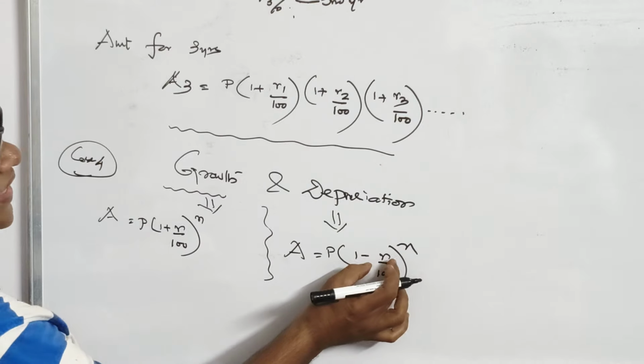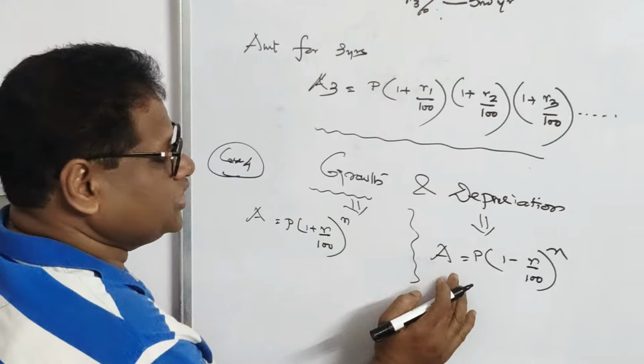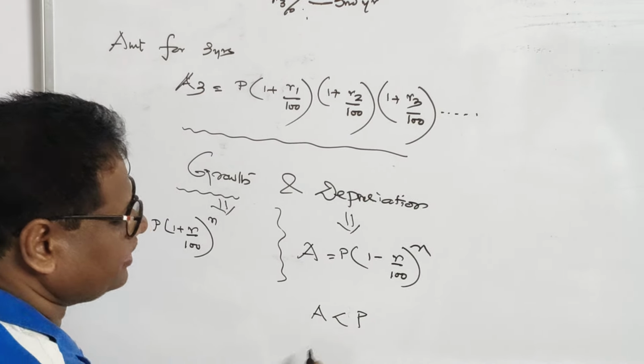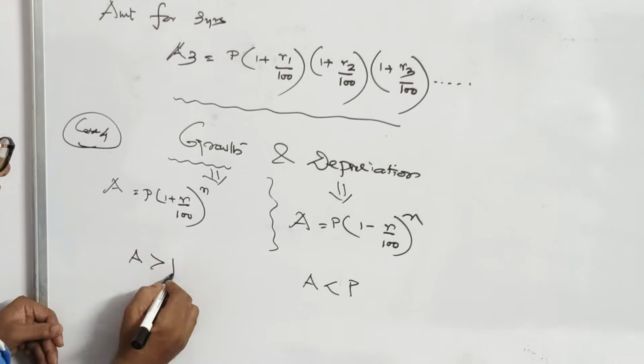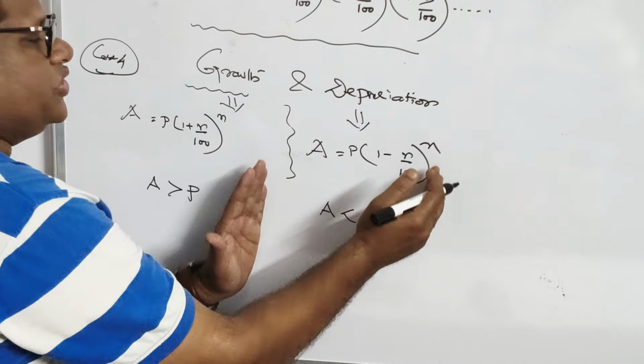Depreciation means the rate is decreasing, so in these questions the amount will be less than the principal. But in case of growth, the amount will be more compared to the principal. Let us discuss a question on depreciation.